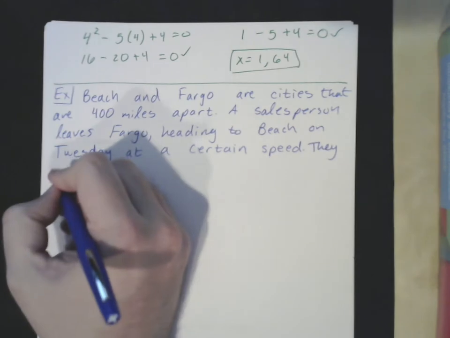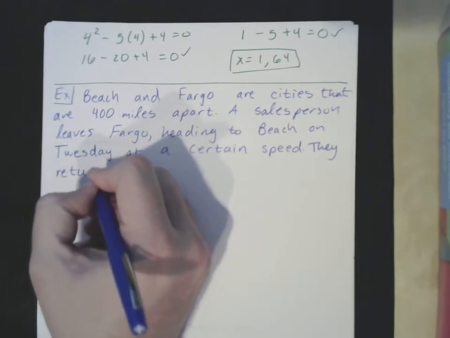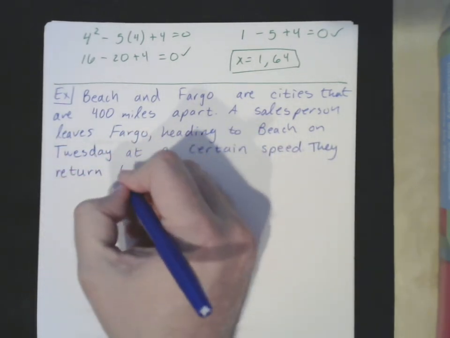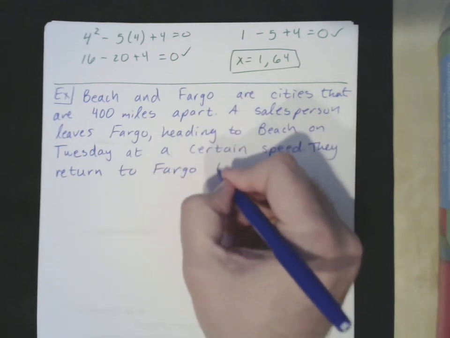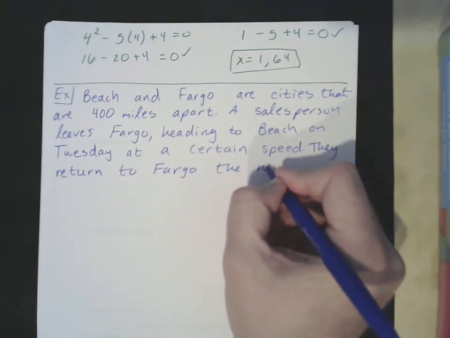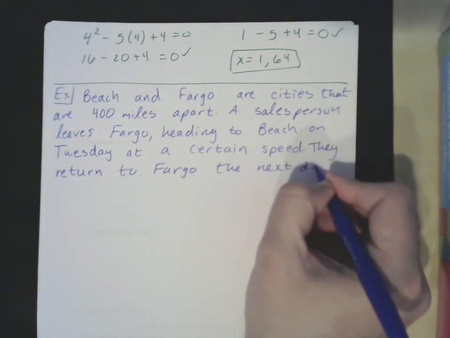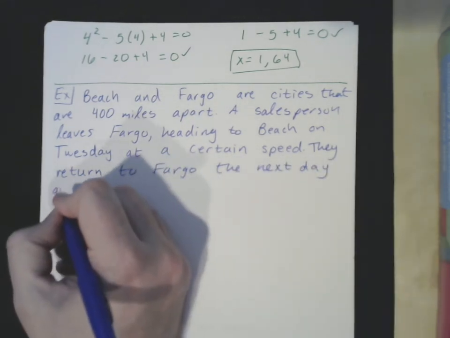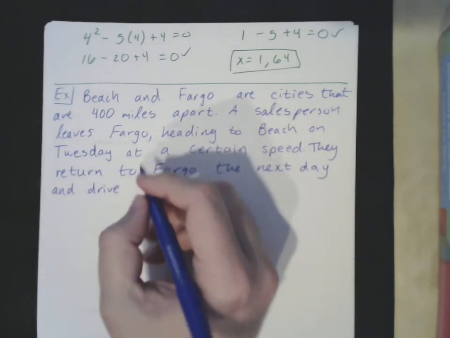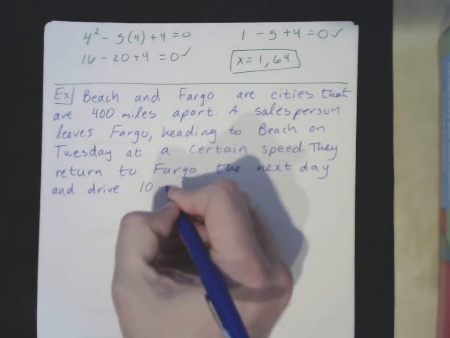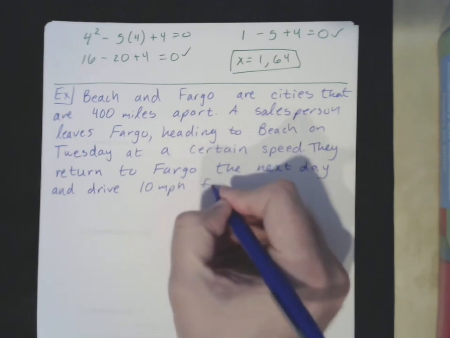They then return to Fargo the next day, Wednesday, and drive 10 miles per hour faster. They really want to get out of Beach.